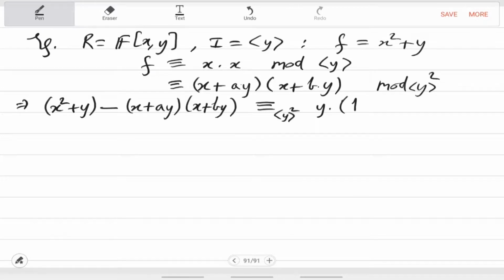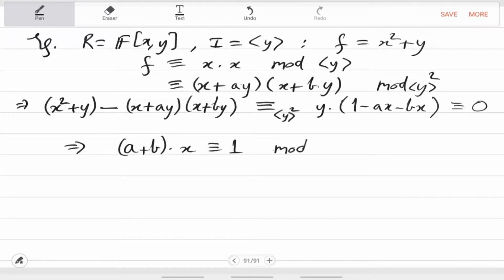What you get is 1 from here and ax plus bx is 0. So y square divides this, meaning that y has to divide this other factor. You deduce this. This is if and only if.